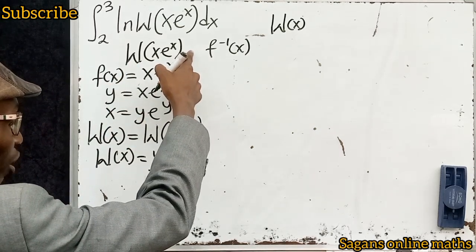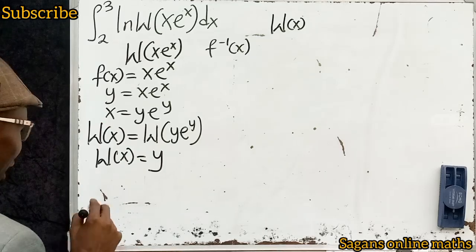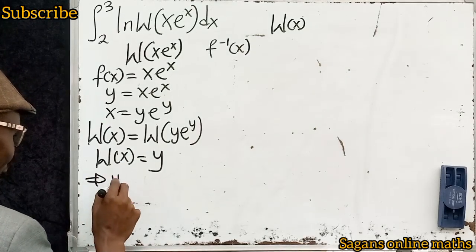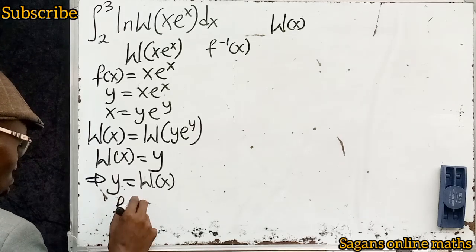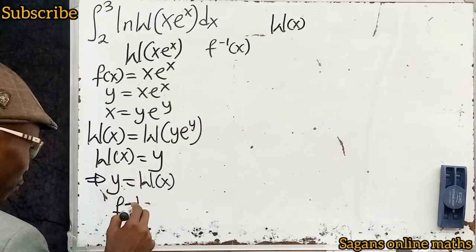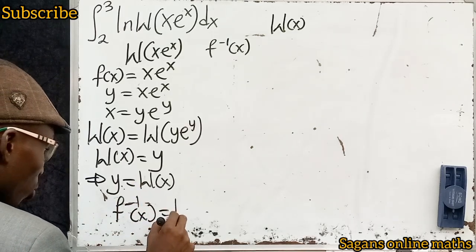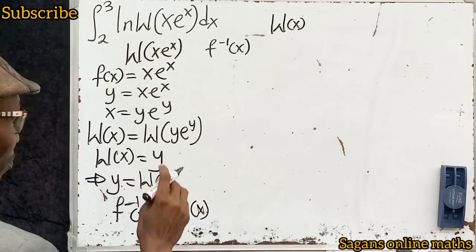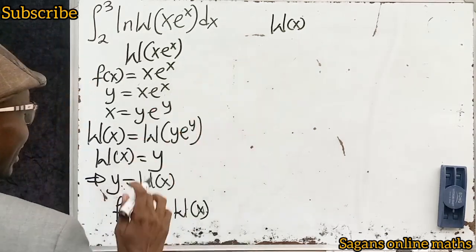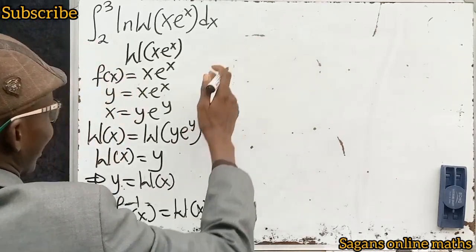But I'm coming to that, okay? This implies that y is equal to the derivative function of x. That means the inverse function, f inverse of x, is equal to the derivative of x. Wow, this is interesting, right? It's amazing. Now I can remove this from here.